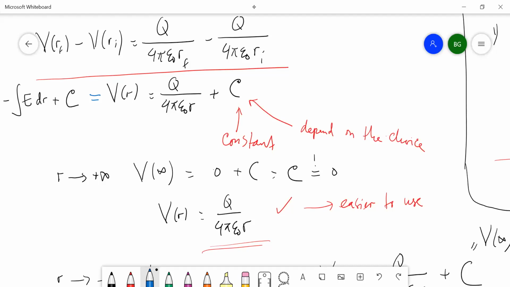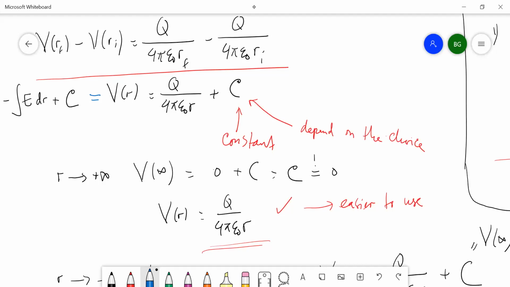If at infinity the potential equals 0, the form of the potential is V of R equals capital Q over 4 pi epsilon 0 R.